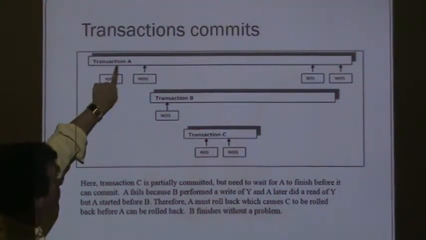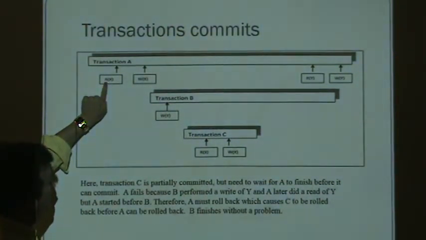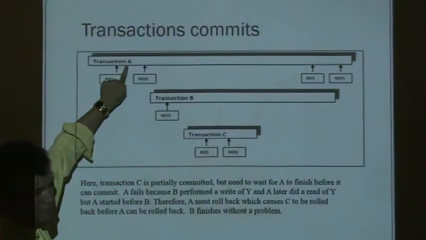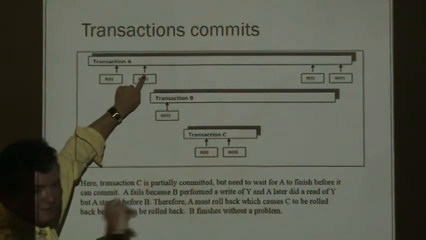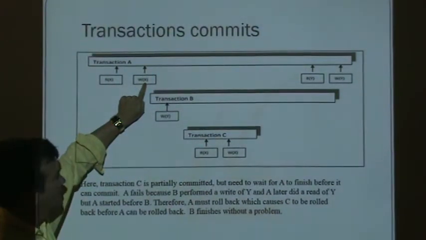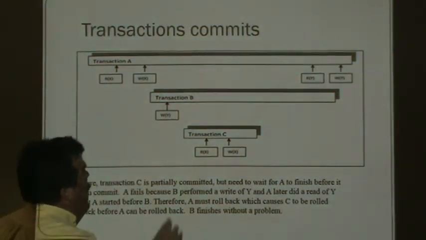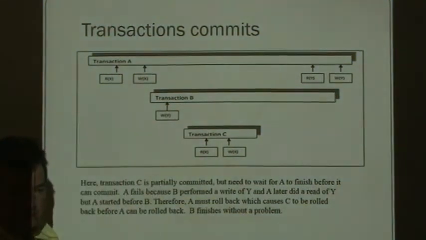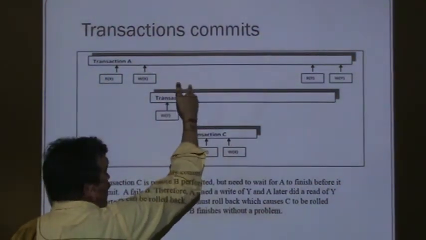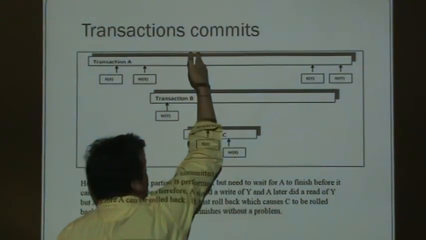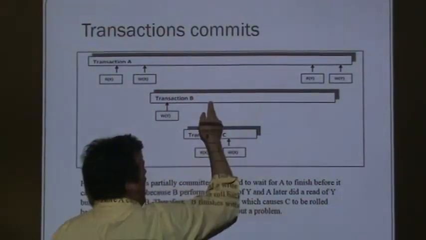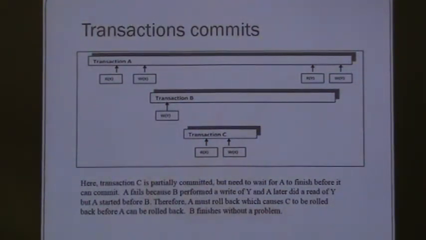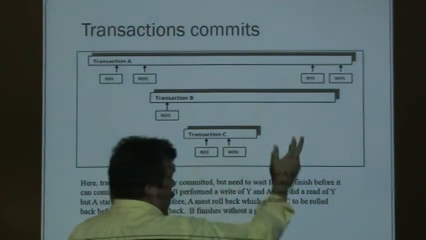And then at this point in time, the transaction reads, that's an R, variable X. Then it does some kind of processing, and then all of a sudden it writes to the database the value of variable X. Then it keeps going along, and maybe during this period of time it is taken off the processor and some other transaction is running. Then maybe this one's taken off the processor, and then this one starts running, and so on. So they're time sharing the same processor, and they're also reading and writing from the same data fields.